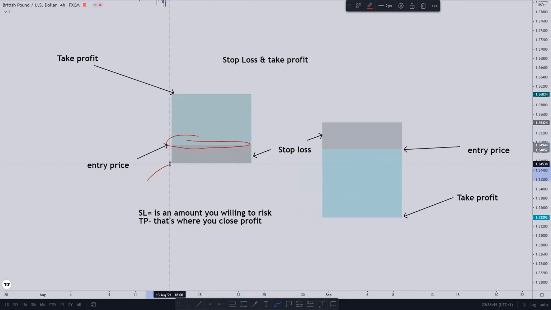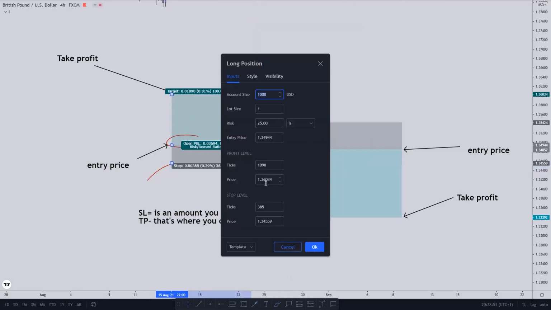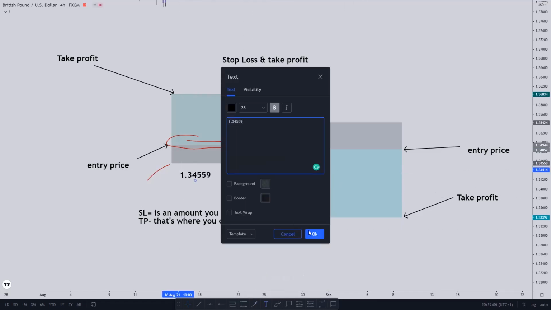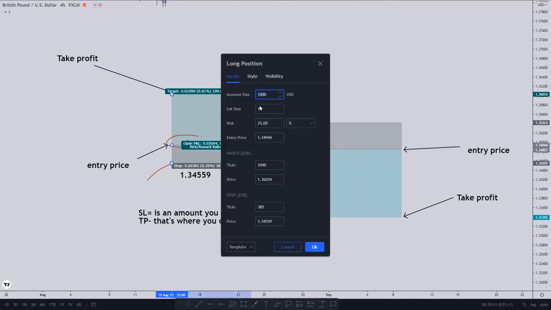So a stop loss, which is going to be this price here, let me just open this for you so that you can see. Our stop loss is currently at the stop level. Just copy that, and then I'm going to paste it here. Come on, man. Let me quickly edit again. And then our take profit, which is going to be the take profit level price.